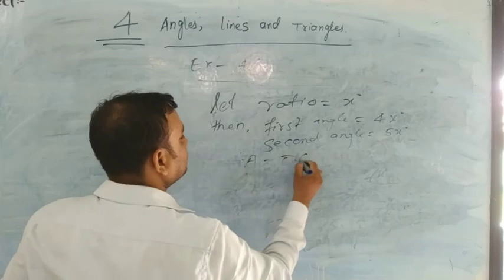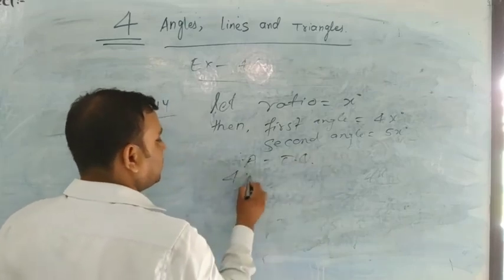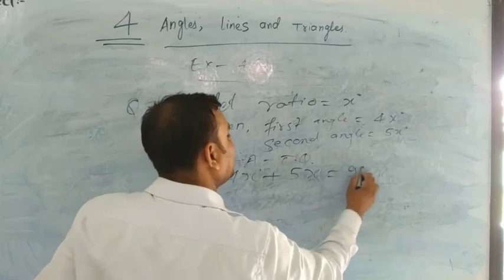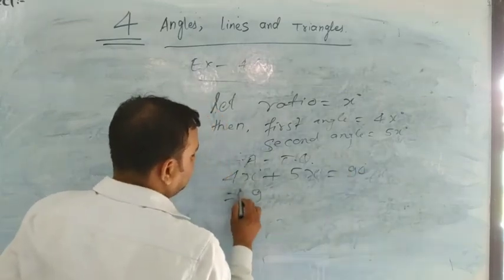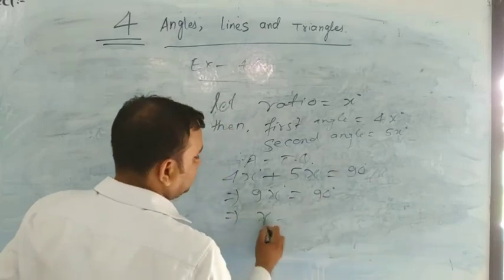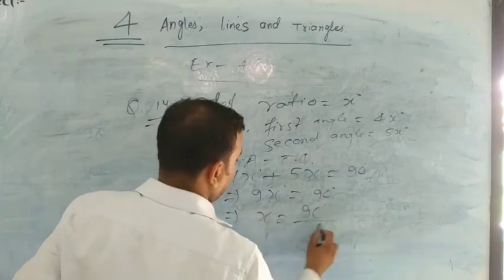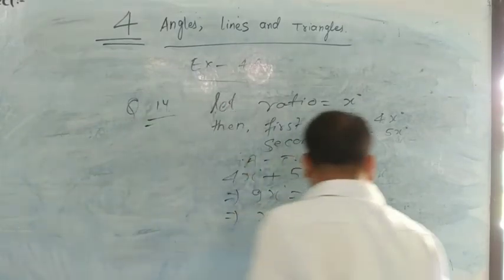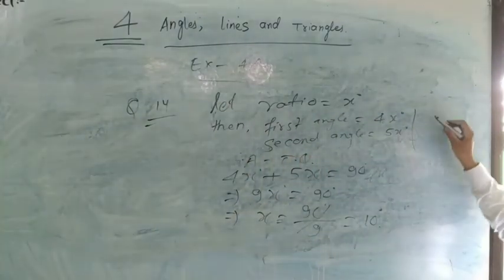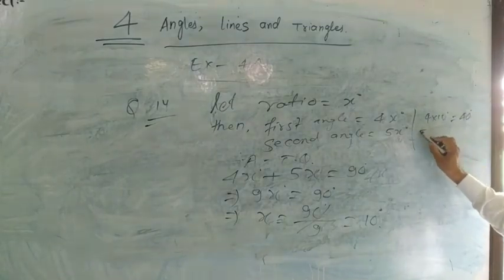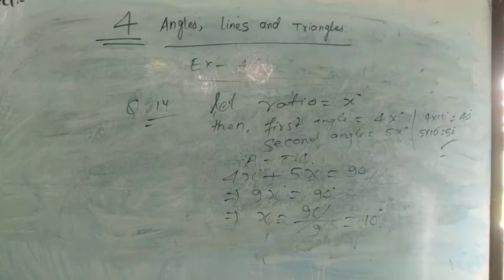According to the question, the sum of the two angles is 90 degrees, since they are complementary. So 9x equals 90 degrees, then x equals 90 degrees upon 9, which is 10 degrees. Substituting this value, 4 into 10 equals 40 degrees and 5 into 10 equals 50 degrees. This is the answer.